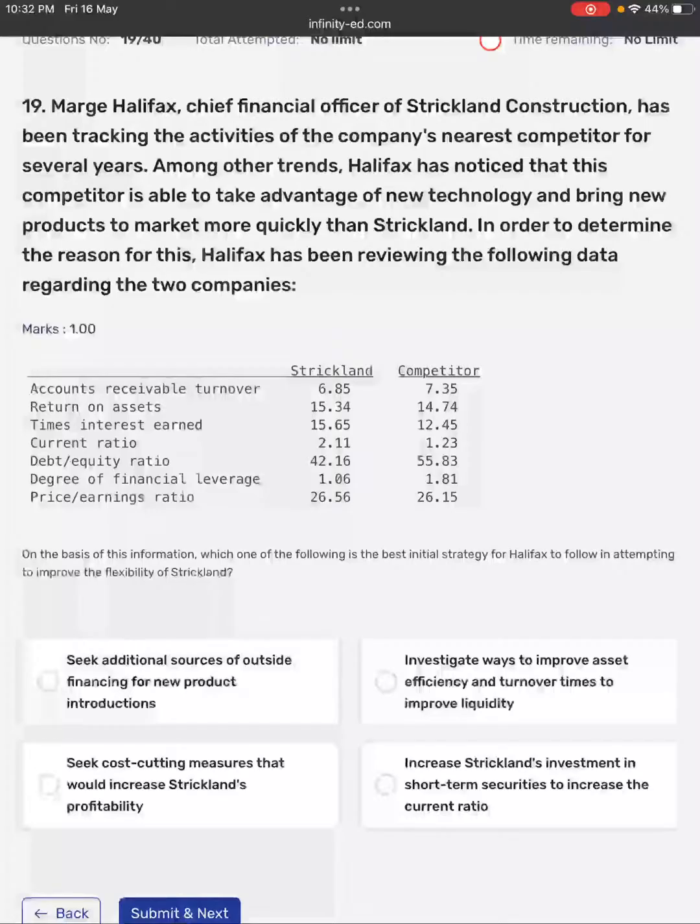Strickland is lower than the competitor, and this is a positive for the competitor, because the competitor is more leveraged, potentially more aggressive in funding innovation and growth.